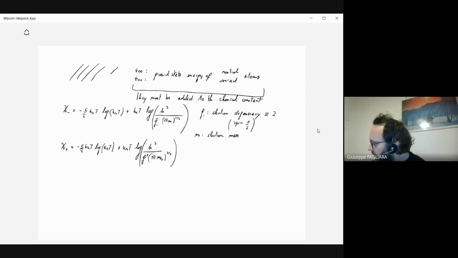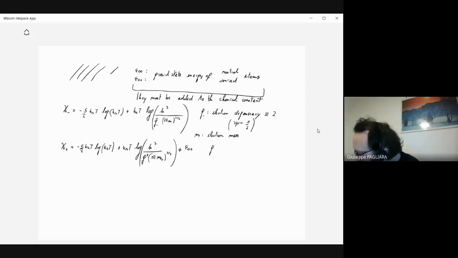This is in the log, plus, as I said before, we have to introduce the ground state energy, which we called E0 plus.